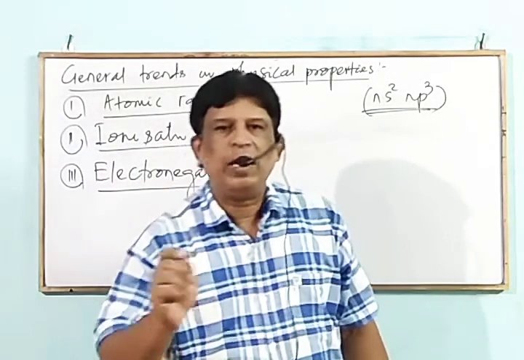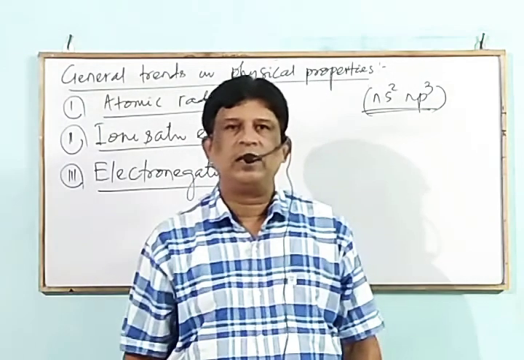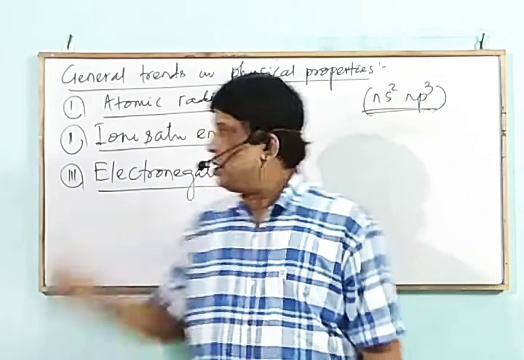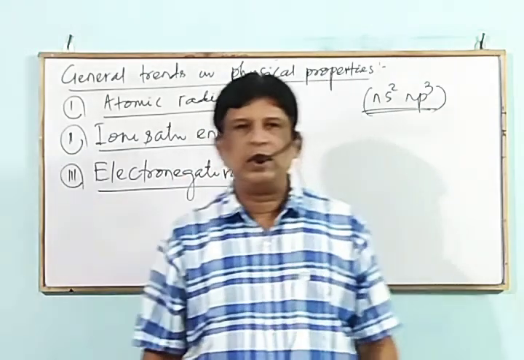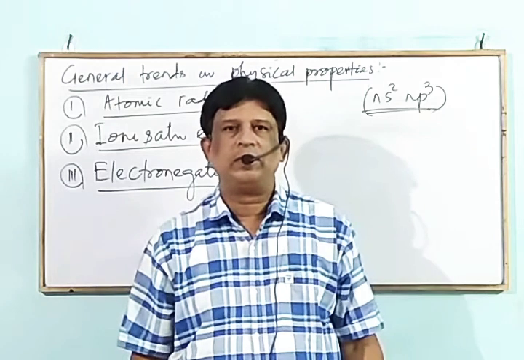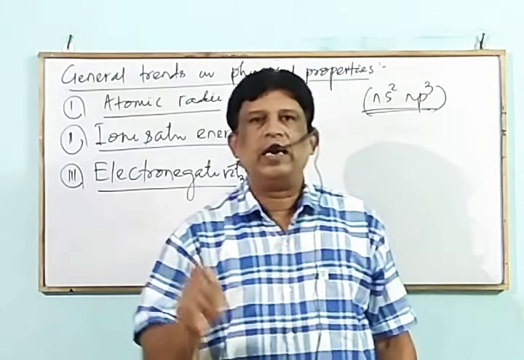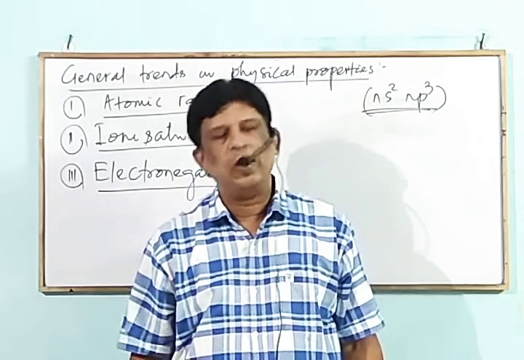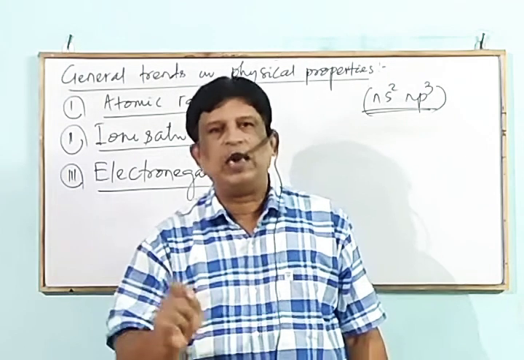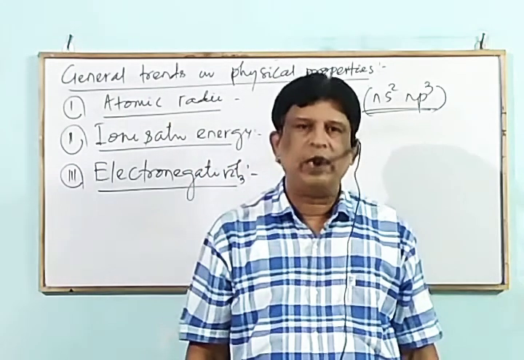Due to small size, that means first member, that is nitrogen, possesses higher value of electronegativity. However, this value gradually decreases on moving from top to bottom in the periodic table.